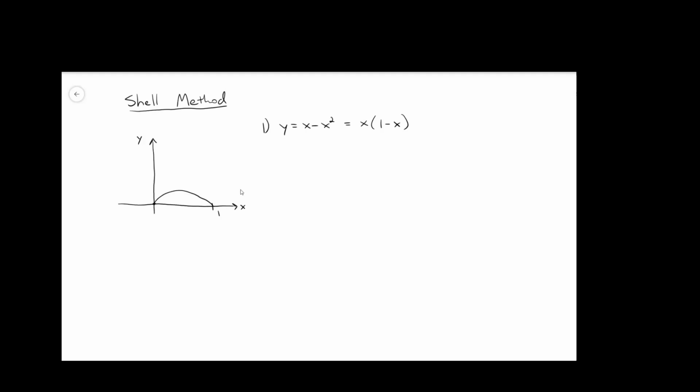So instead, we have this other method that we call the shell method. In the shell method, we're going to now use vertical rectangles. And think about now what just this rectangle would look like if it were revolved around the y-axis.